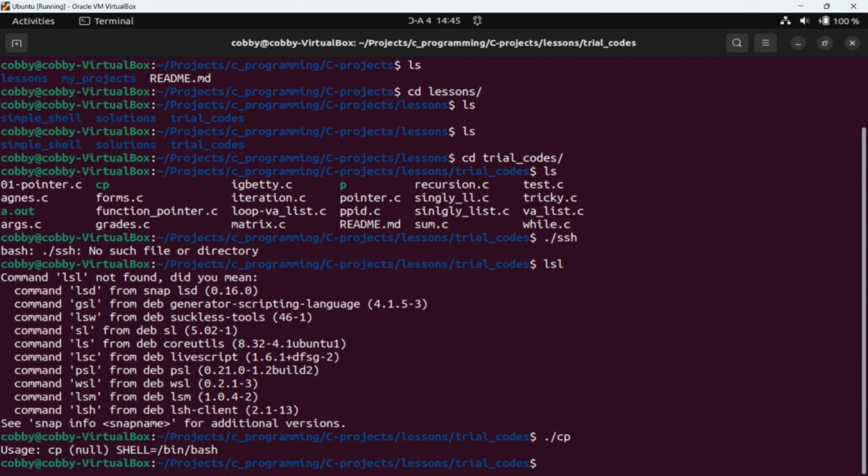When I was writing it, I wrote it so that it does not run alone. I must give it the file where it is going to copy the contents from. I would want to illustrate how it works here, but for the sake of time, let me try and be fast.